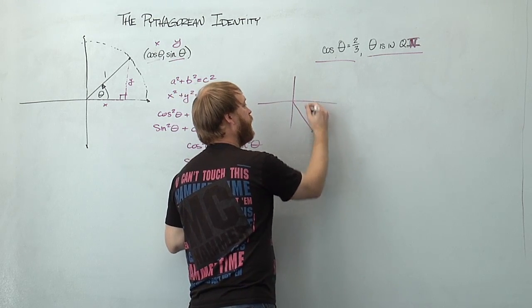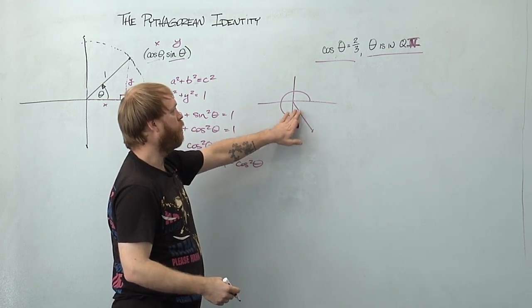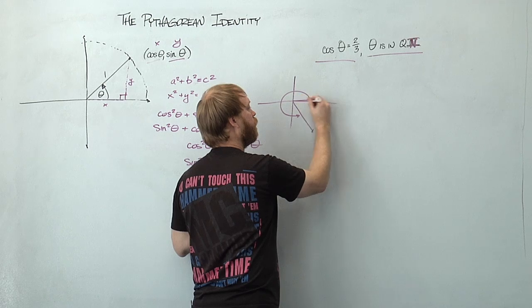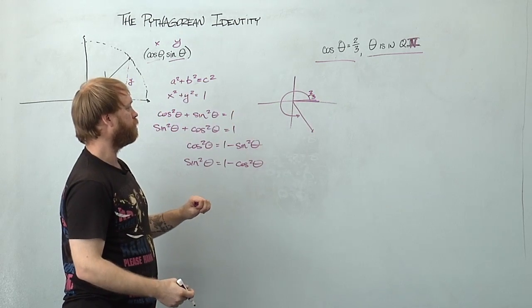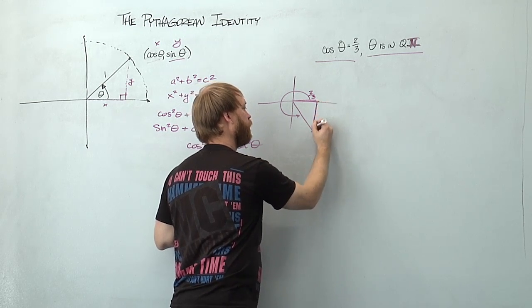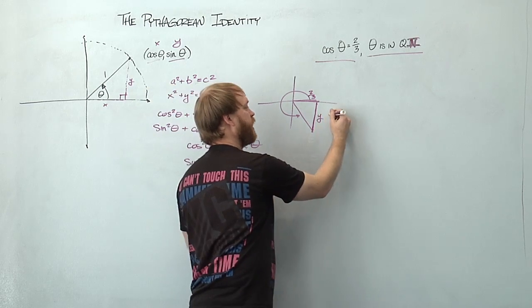I know that theta is in quadrant 4 somewhere, and that cosine theta is 2/3. So this length here would be 2/3. And I'm looking for y, which is also sine theta.